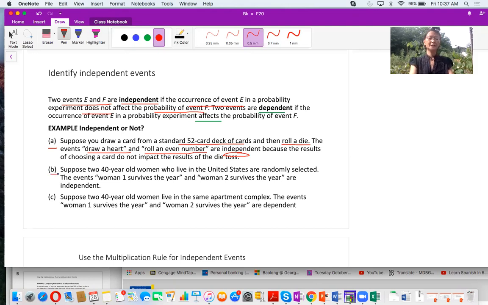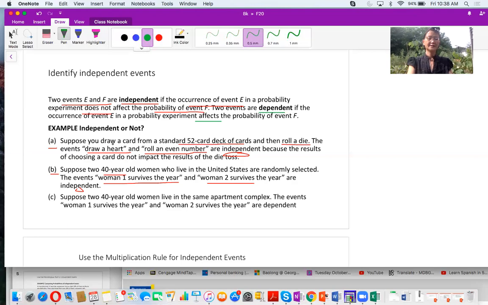The other example, suppose two 40-year-old women who live in United States are randomly selected. The events, woman 1 survives the year and woman 2 survives the year are independent because the occurrence of one event does not affect the probability of another event.